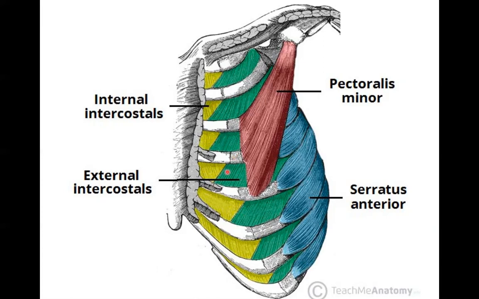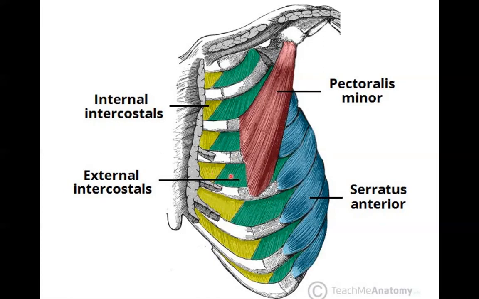That's because you have one layer, the external intercostals, which is more superficial, and then the second layer, the internal intercostals, which is a deeper layer. So next time that you eat ribs, you can think about the intercostal muscles and their fascicle arrangements.